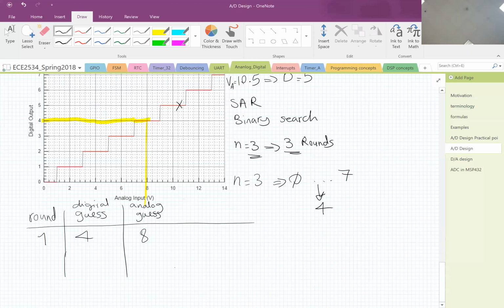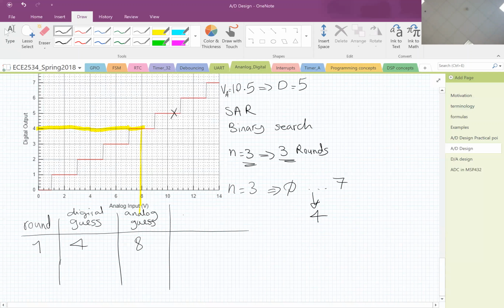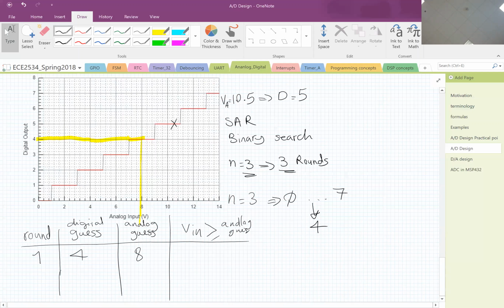And then you say, is Vin more than or equal to my analog guess? And the answer is yes or no. Because my Vin, remember, is 10.5. Is it more than it or less than it? It is more than. So it is yes.